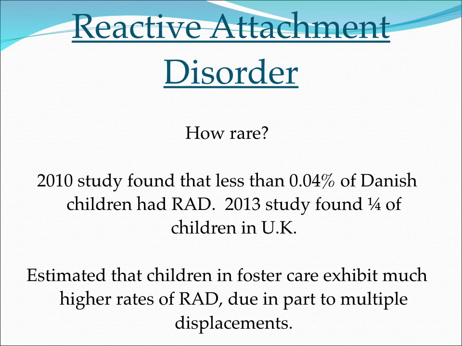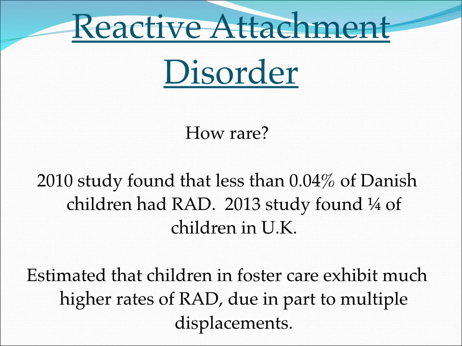It is estimated that children in foster care exhibit much higher rates of reactive attachment disorder due, in part, to multiple displacements. Now, multiple displacements is when a child has been displaced from a home several times.